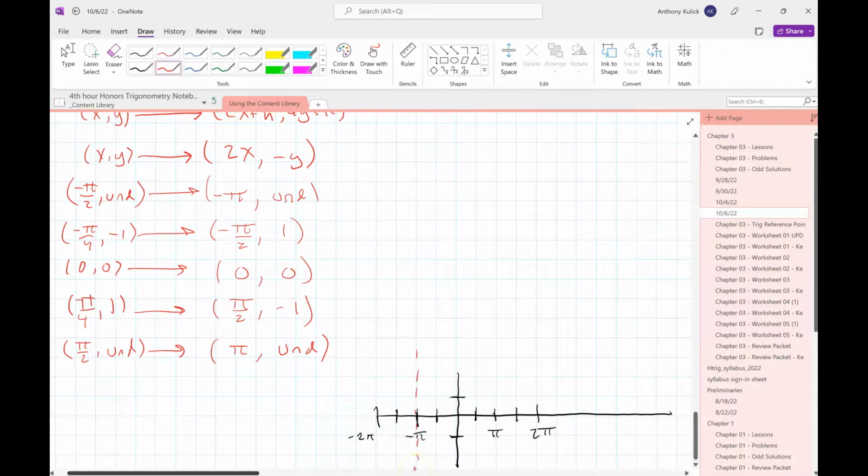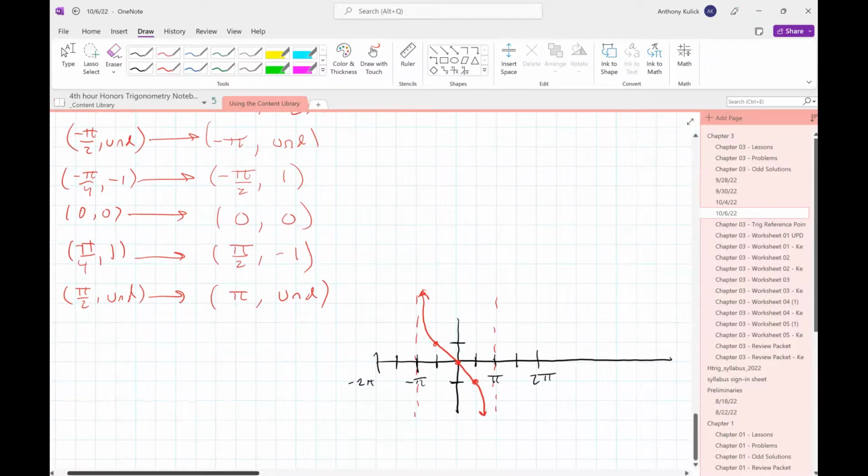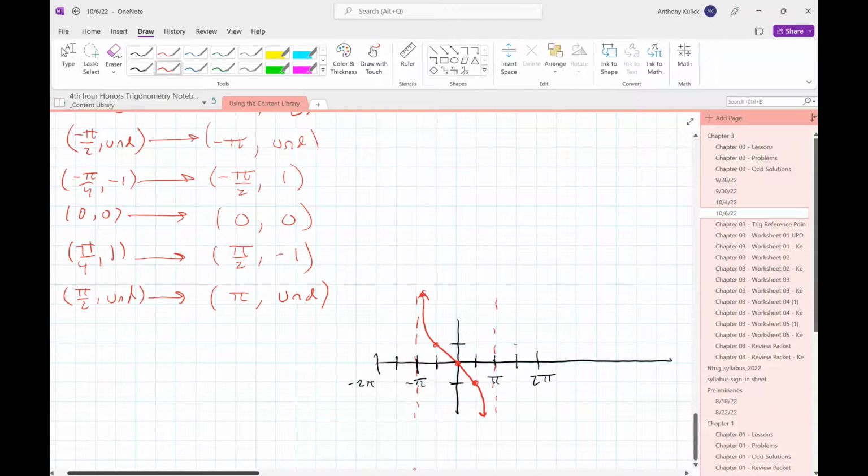When you're graphing, should you put an asymptote in there, like that dashed vertical line? Yes. Negative pi over 2 and 1 is here. 0, 0 is there. And then positive pi over 2, negative 1 is there. And then I have an asymptote. So I'll draw in my piece. And then I'm just going to fill in the other space.